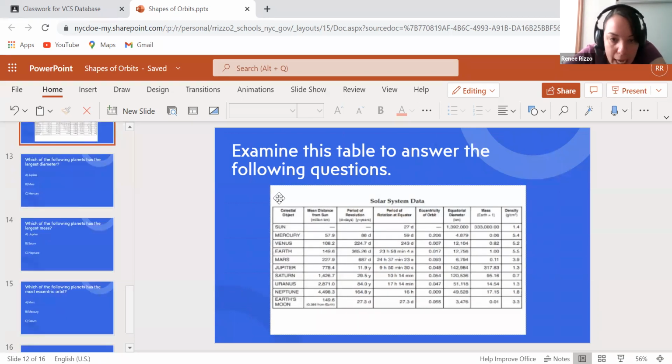If we look at Mercury, it is 0.206. And if we look at Saturn, it would be 0.054. So the planet with the most eccentric orbit would be Mercury.